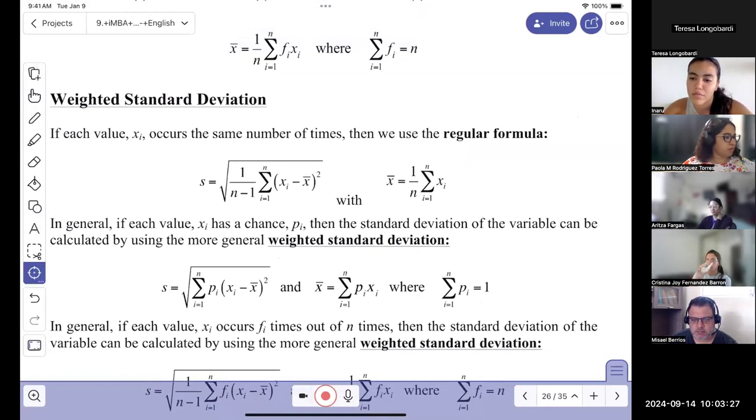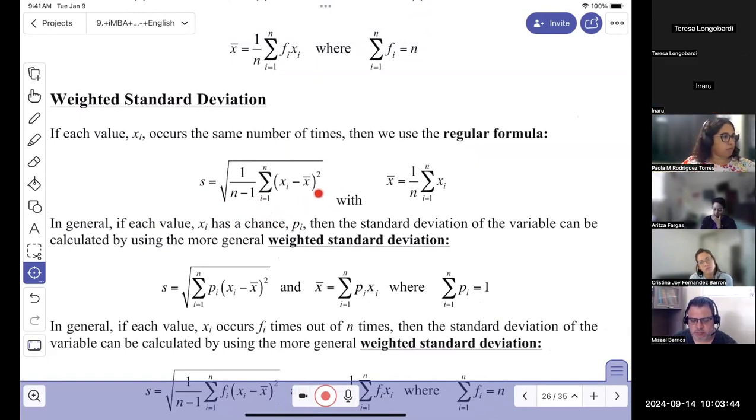So here's the regular standard deviation formula. I asked you all to watch the video on what this formula means. This formula is the square root of the average of the squared deviations from the mean. So it's the square root of the variance. They're both kinds of averages.